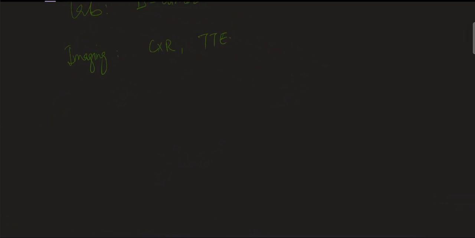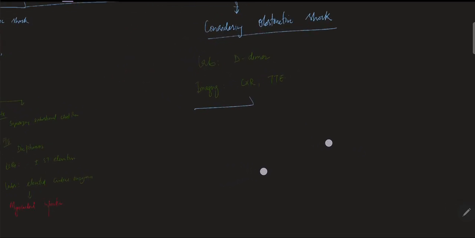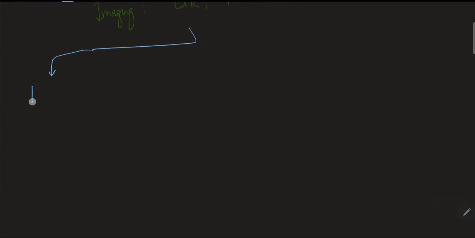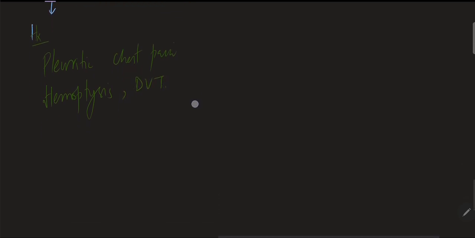Now here we have three possibilities. First of all, we will be seeing history. If the history of the patient is pleuritic chest pain, hemoptysis, and DVT, right?